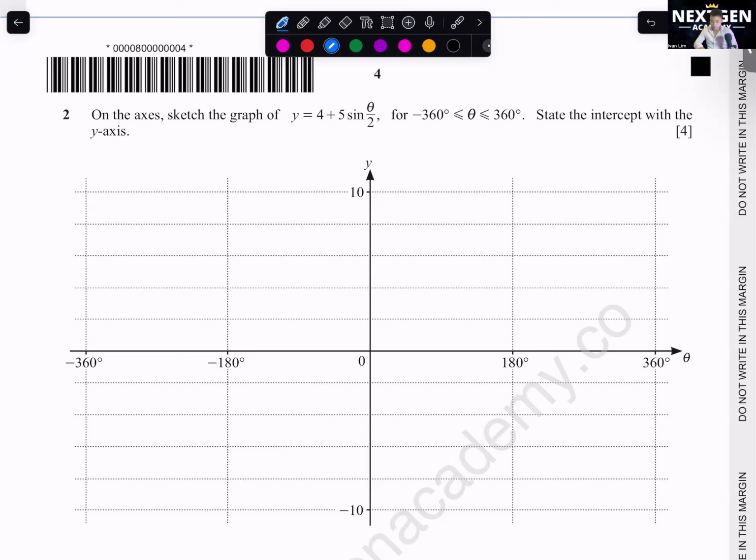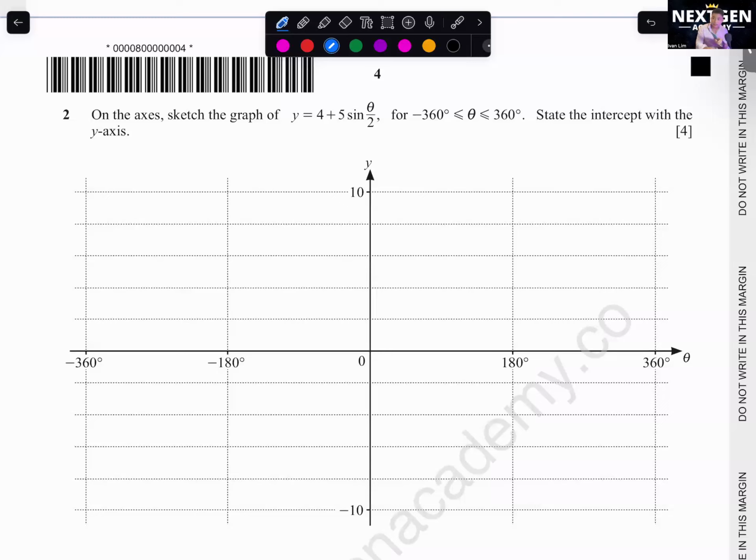State the intercept with the y-axis. Okay, can do or not? Without a calculator. What do y'all think? Okay, cannot. I want you to think hard for this one, because just in case it comes out in paper 1. Okay, actually can. So this is something to highlight.